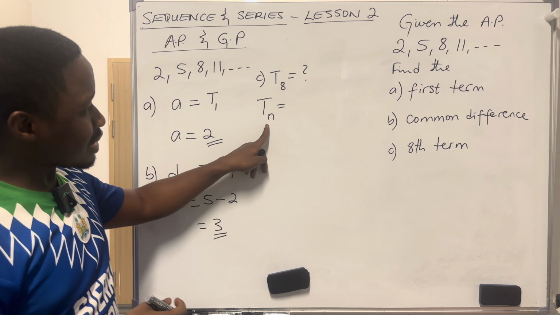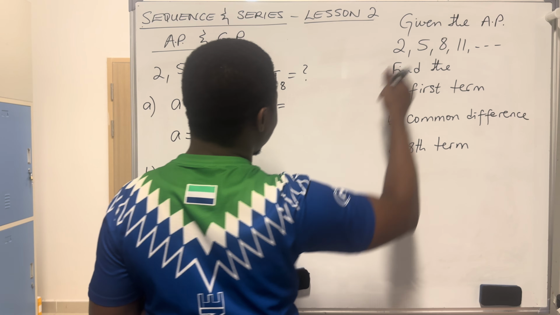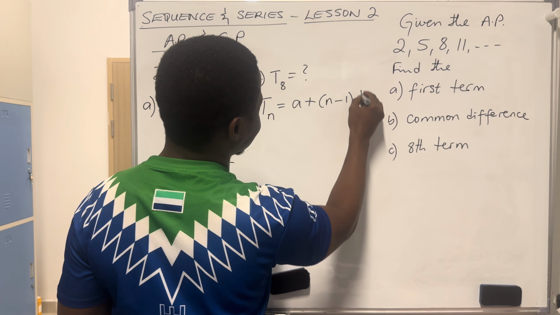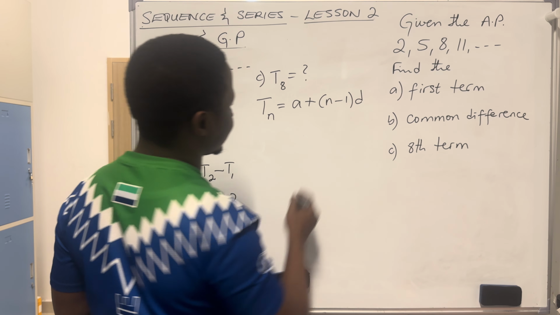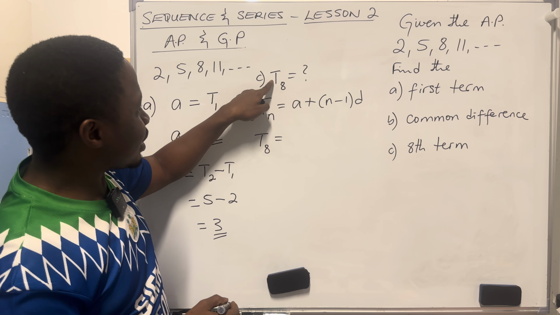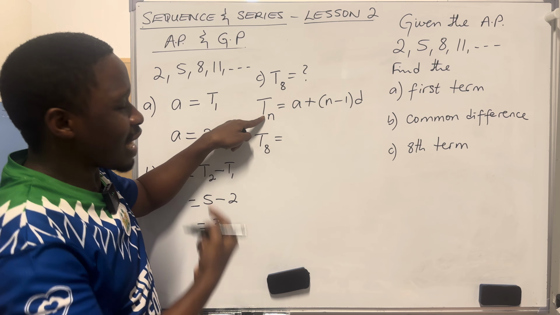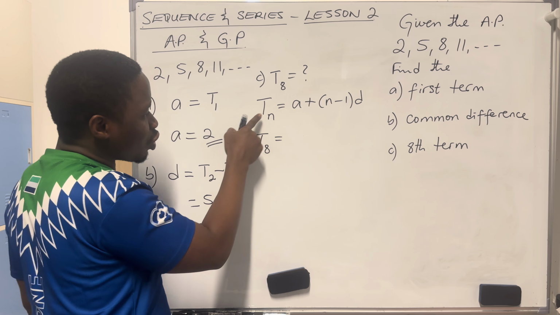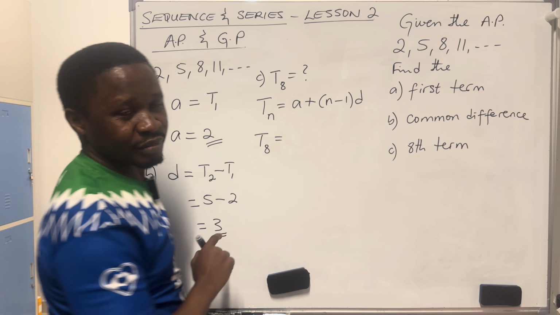So the nth term depends on whether it is an AP or a GP. But because what we are given is an AP, it is A plus n minus 1 times D. Now we want to find the 8th term, the specific term. So n is now 8. This is the general term, the nth term, so this 8 takes the place of n, not only here, but also here.